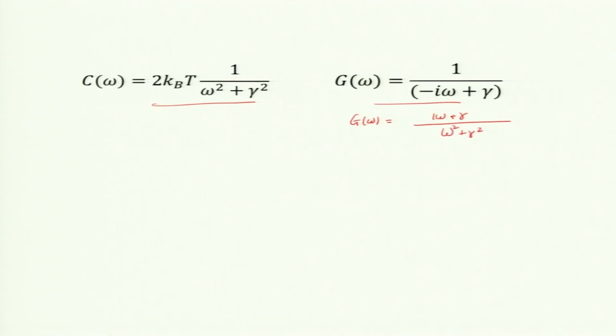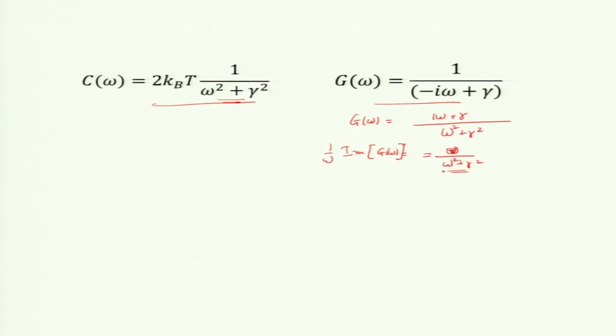I multiply by I omega plus gamma both below and above. So, what will I get if I take the imaginary part of this? Omega divided by omega squared plus gamma squared. The denominator is the same as this one, right. So, I divide 1 by omega, I get this.